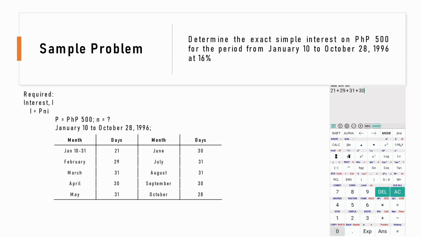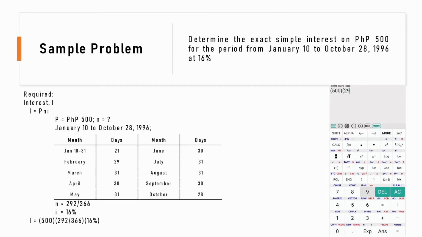Therefore, total number of days is 292 over 366. And then I is equal to 16%.